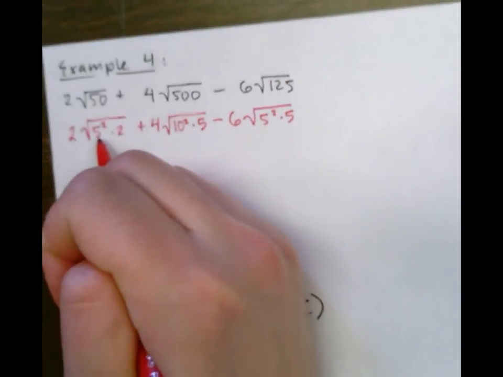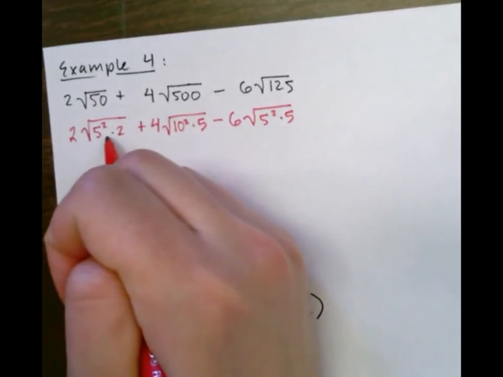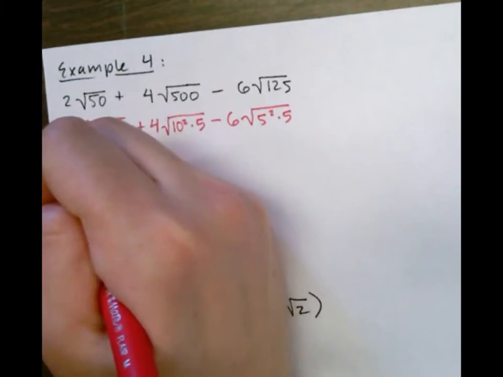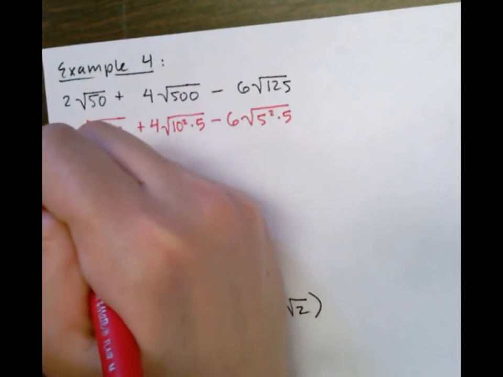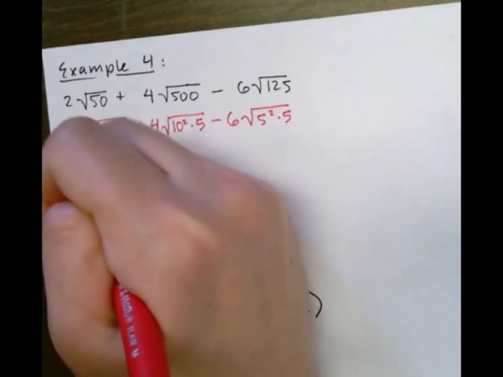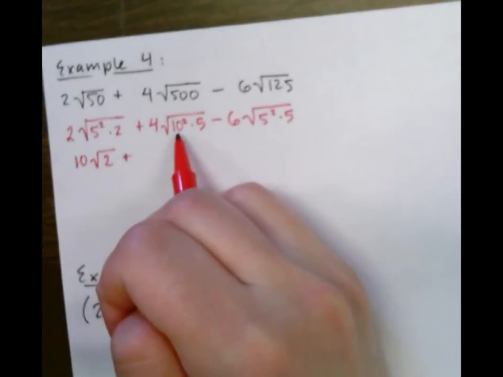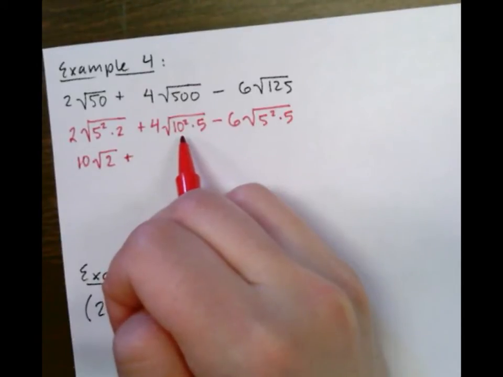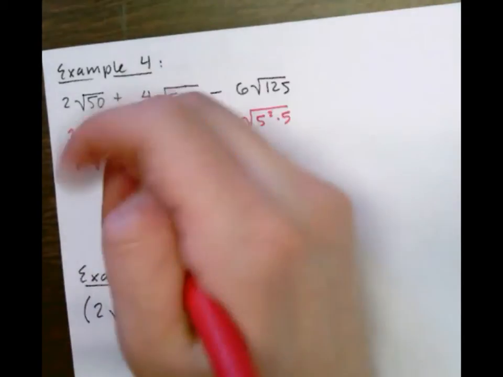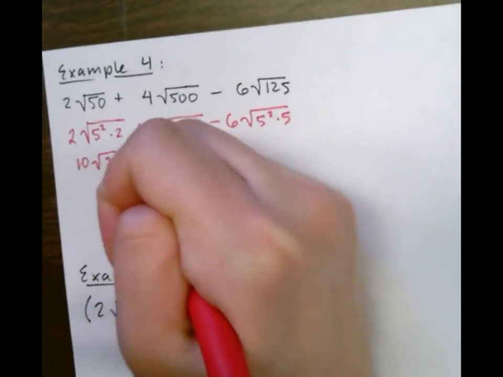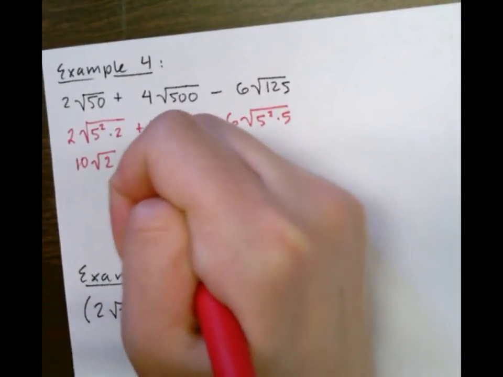From the first radical, the square root of 5 squared is 5. So a 5 would come out, get multiplied by that 2, and we get 10 root 2, plus here the square root of 10 squared is 10. So that means a 10 will come out and get multiplied by the 4, so we'll get a 40 here. And what's left over inside is just the 5.